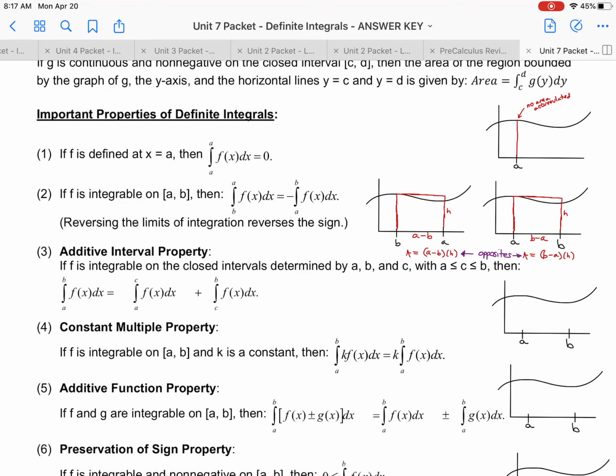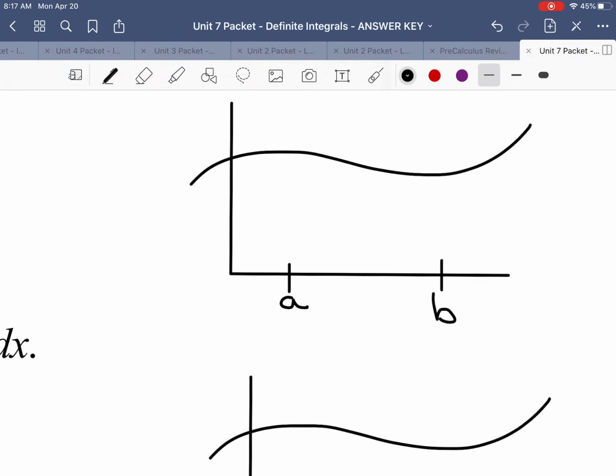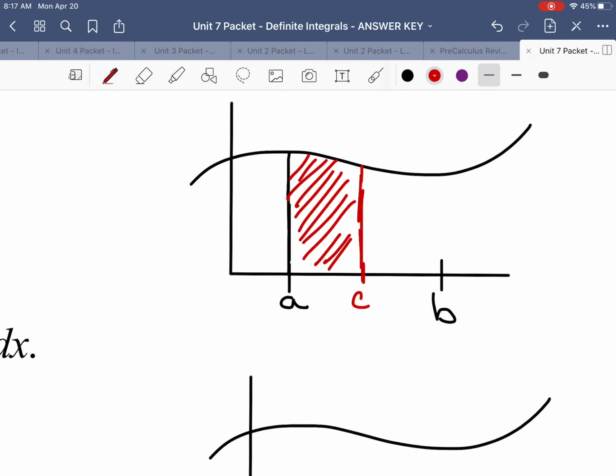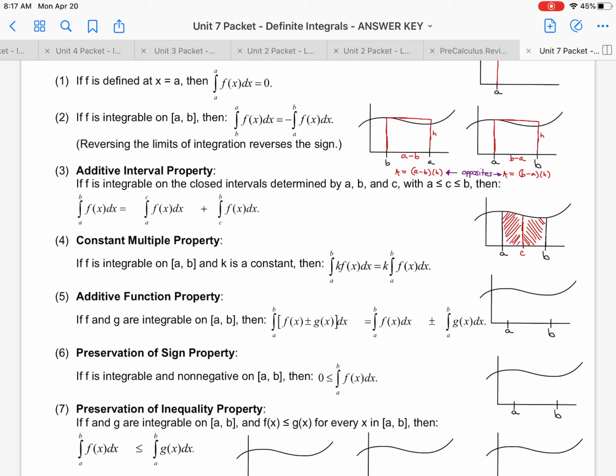So if we have an integral on the interval of a to b, and then we create some value c that's in between a and b, what we'd be looking at is the sum of those two areas. So I think that falls, like I said, squarely in the realm of common sense.